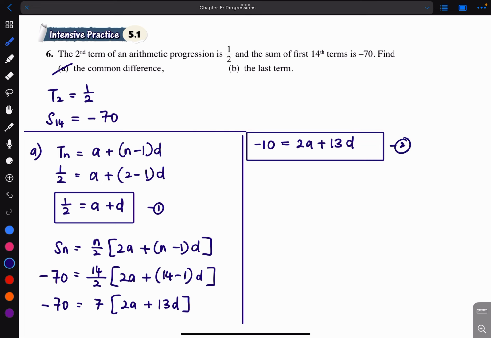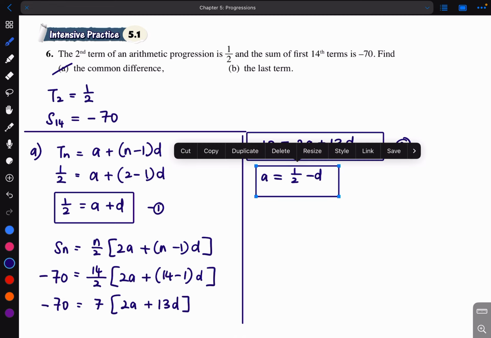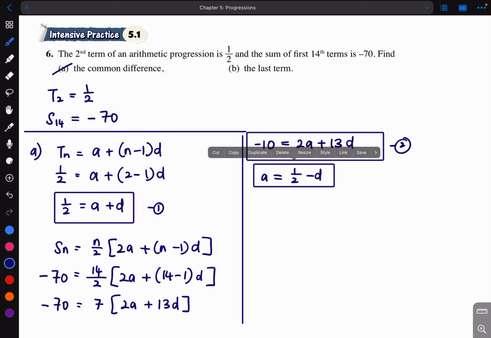Okay. Now we need to solve these two equations simultaneously to get our d. What we can do is make a the subject from equation 1. So a is 1 over 2 minus d. We call this equation 1a because this is the modified equation of 1.